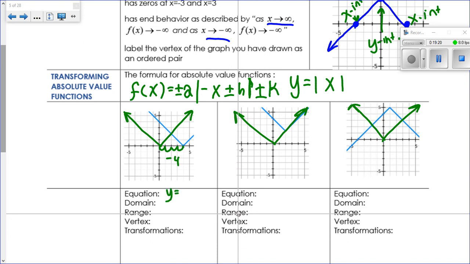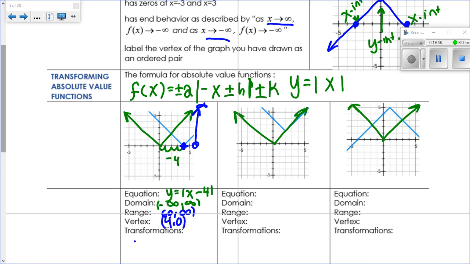I have y equals the absolute value of x minus 4, with x inside of the bars. The domain is always negative infinity to positive infinity with parentheses. My range starts at 0, goes up to infinity. My new vertex here is 4, 0.